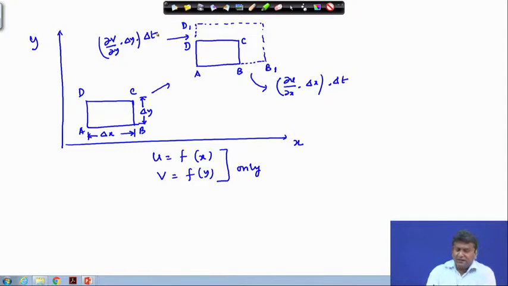This is because the initial velocity at point A was considered to be u, but that at point B was u plus del u del x into dx. If you now consider the velocity over here, that is the extra amount by which the line segment B has moved to its new location B1 with respect to the point A.